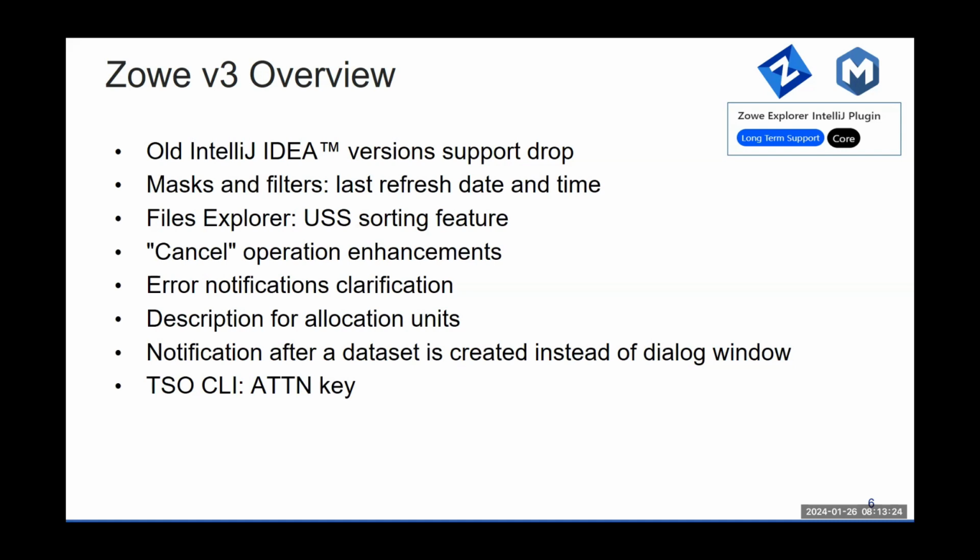For the Files Explorer, there is a USS sorting feature. Also, there are some enhancements for cancel operation and for error notifications. There are some changes for description things, like for location units. Also, the changes for notifications and dialogues. And for the TSO CLI, we have a new feature called ATTN key that we will cover later as well. Okay, thank you. Next slide, please.